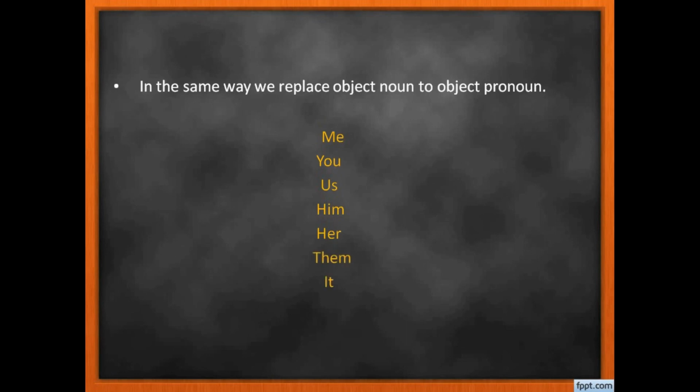There are other pronouns like his, hers, this, that, and we are going to learn in detail in the next class. So again, pronoun is a word used to replace a noun to avoid repetition.